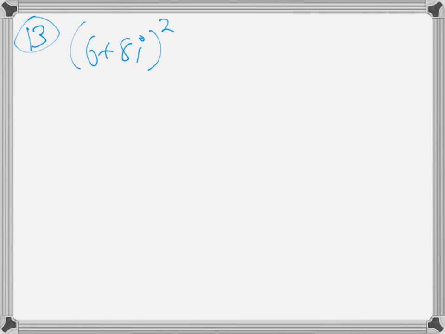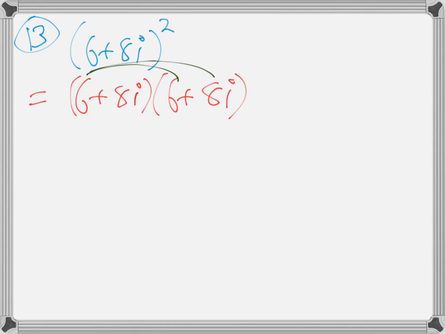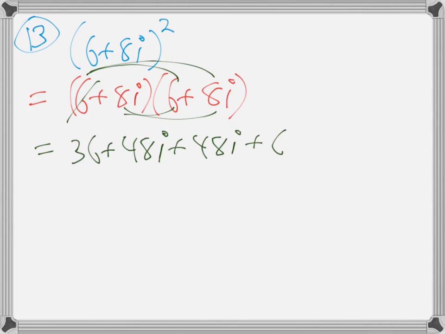Double it, right? 2 of them, right? Yeah, exactly. 6 plus 8i, 6 plus 8i. So go ahead and FOIL that out. Okay, so this 6 goes to both. 36, 6 times 8, 48i. And the 8 goes to both. 48i plus 64i squared.